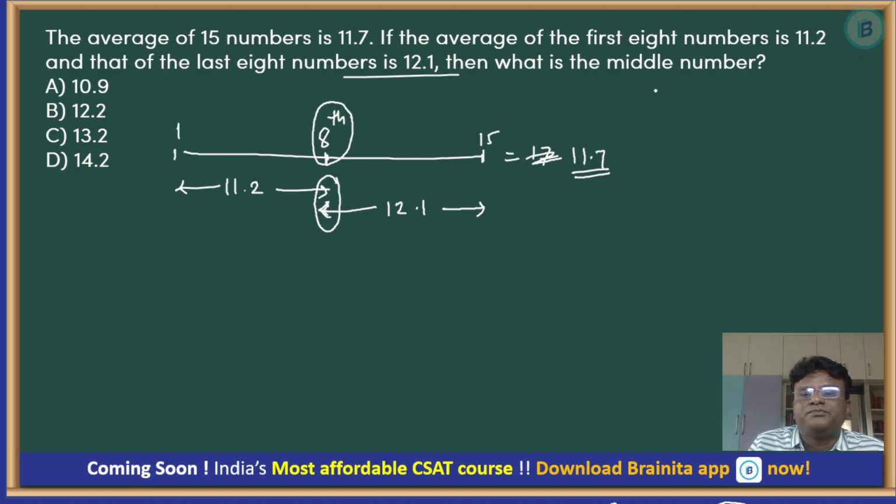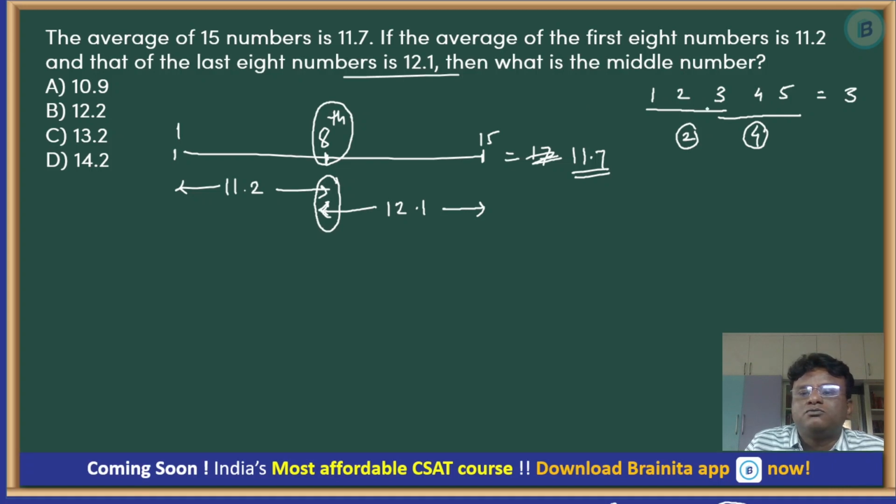Think of this. Now 1 2 3 4 5. I have taken consecutive numbers, though they need not be consecutive, but look at this. The overall average of this is 3, right? Average of these 3 numbers is 2, and average of these 3 numbers is 4. Here I don't know the numbers.